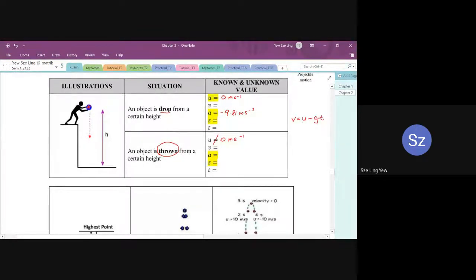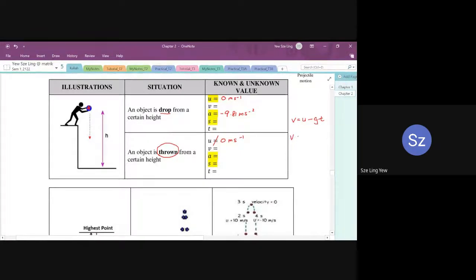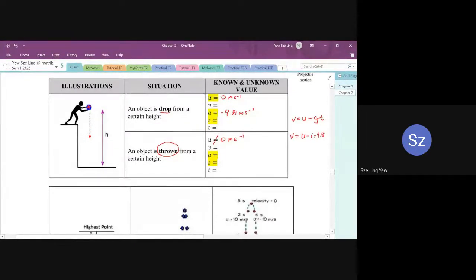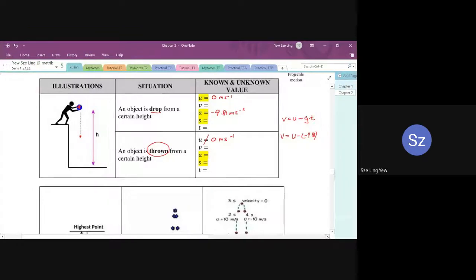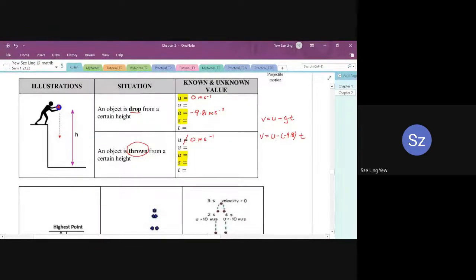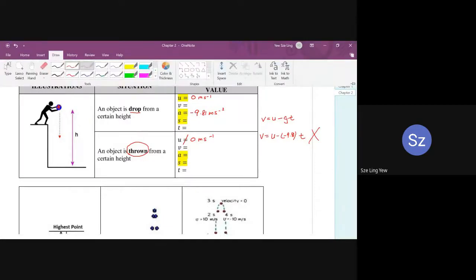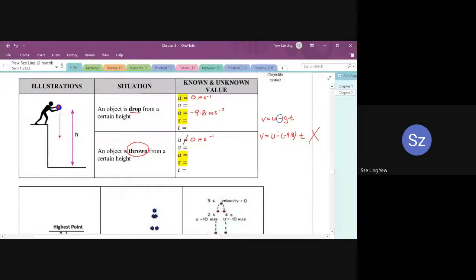Whenever students use these equations, they often substitute g as a negative 9.81. So this is wrong because you already changed the equation to negative, so you don't add this negative anymore.